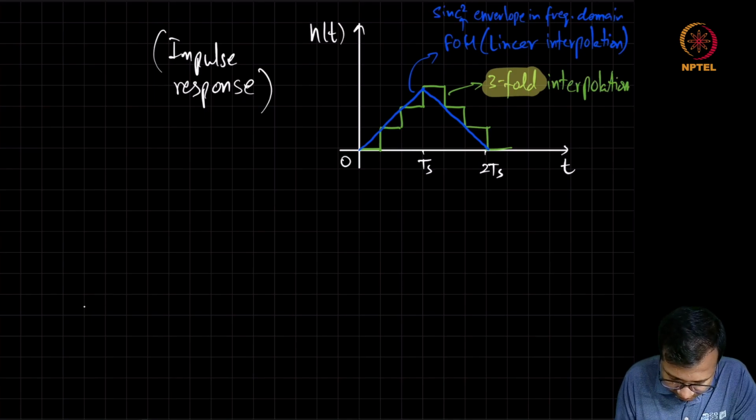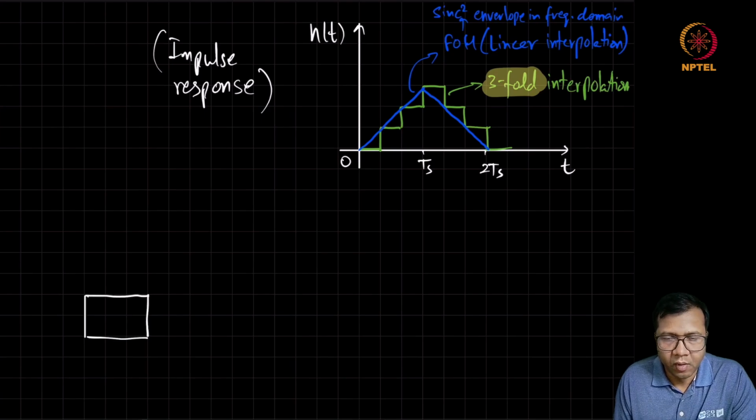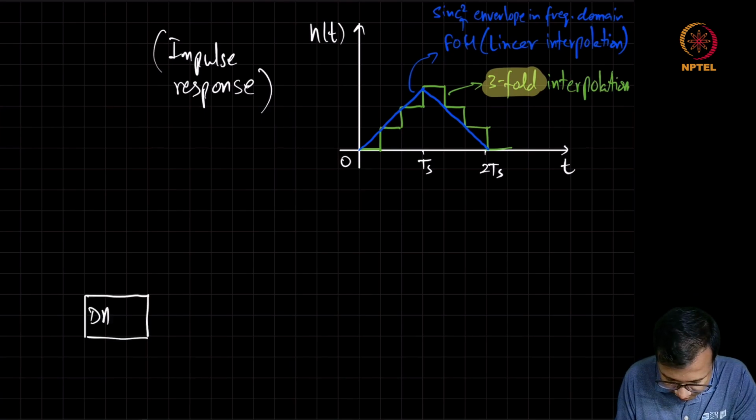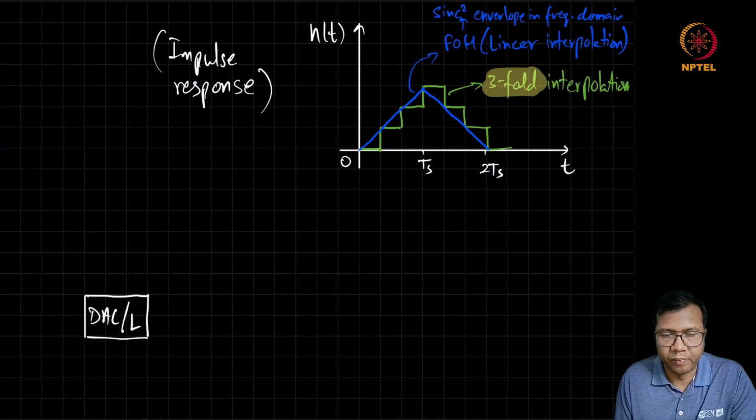First thing we can do is split the current steering DAC into smaller units. Let's say we are going to do L-fold interpolation.